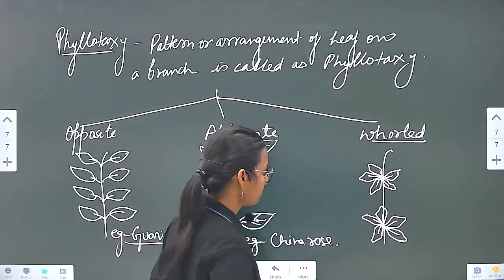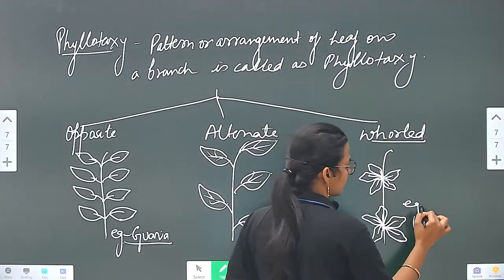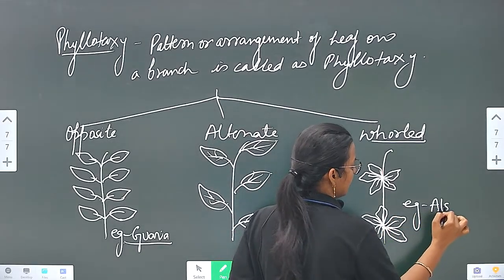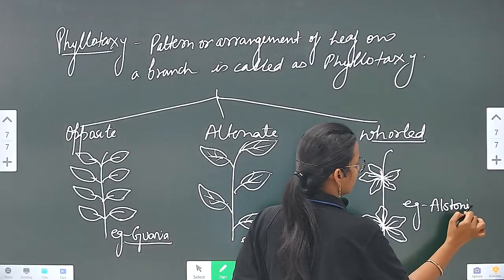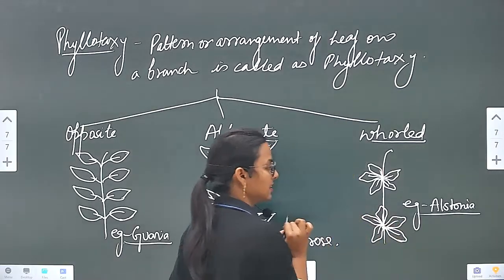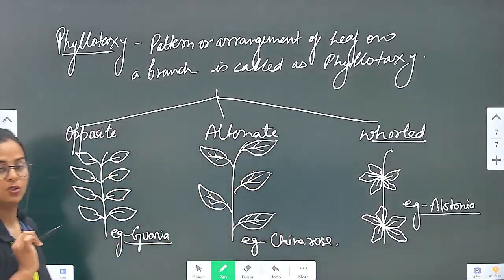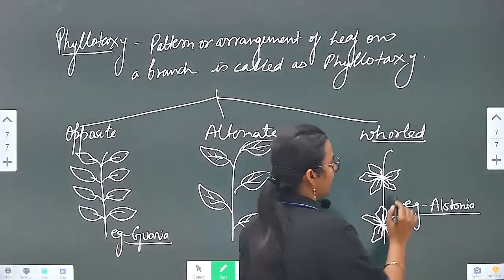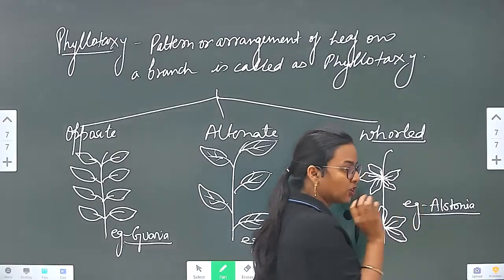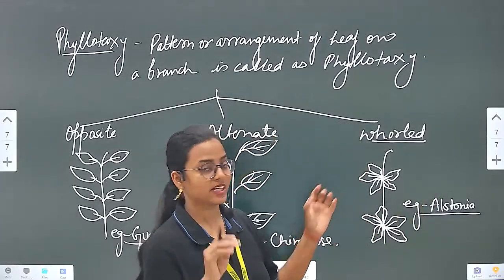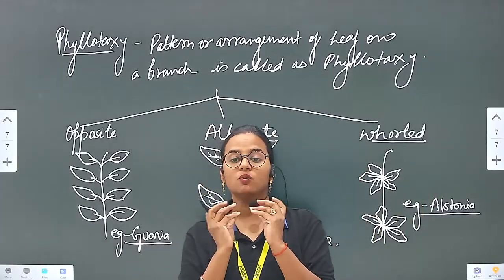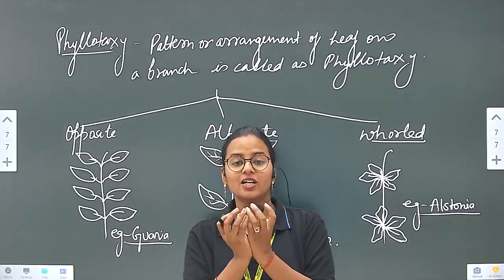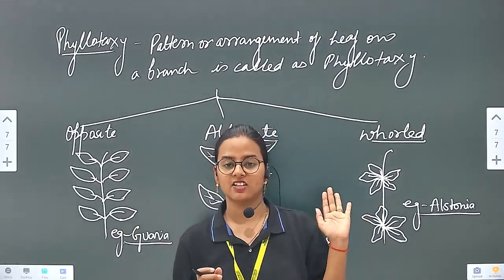Yeah. So this is Alstonia. Such an arrangement, where leaves are born at a common point, you can see they are making a whorl, a flower-like structure from the leaves themselves. Can you see?